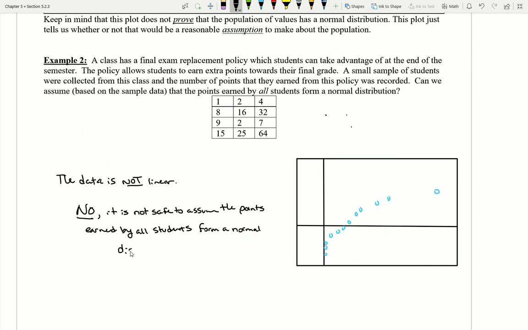Now, we can't be sure. I mean, maybe they do, but all we're saying is it's not really safe to make that assumption yet. We don't really have enough data to convince us of that. If we were betting individuals, we would bet on no.